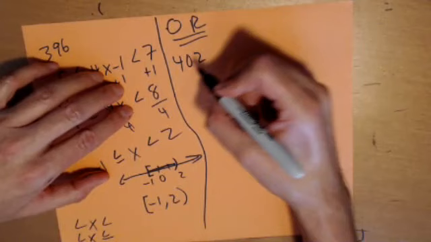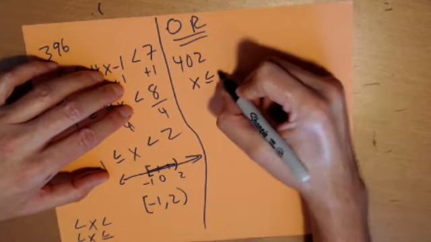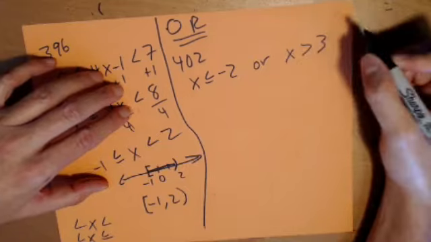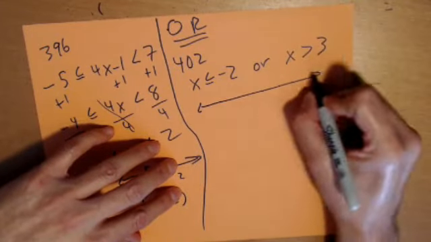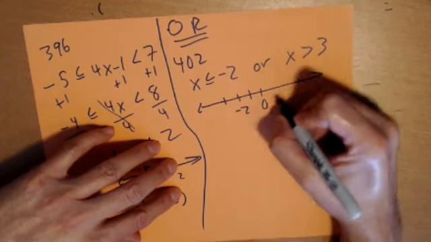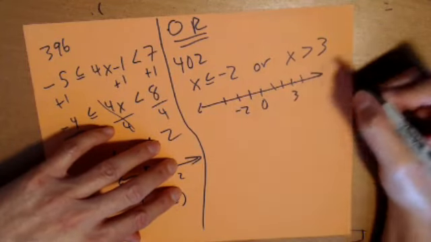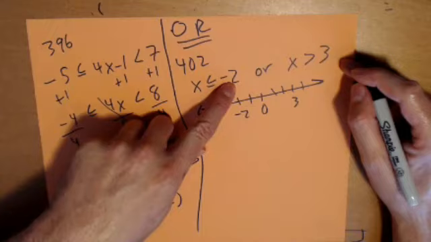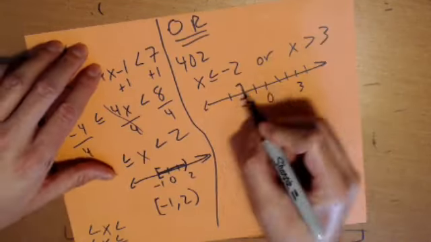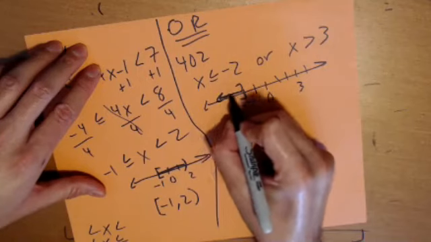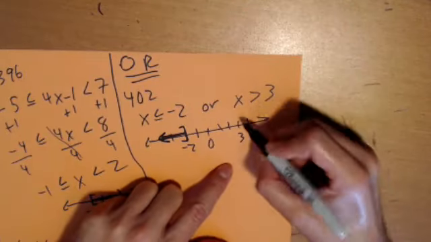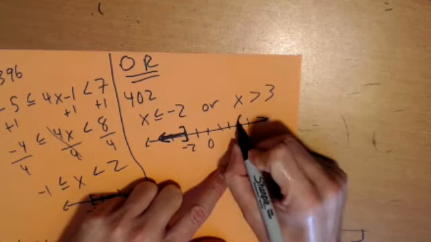Okay, 402. X less than or equal to negative 2, or x greater than 3. So let's draw a picture. 0, 1, 2, 3, and 1, 2, 3, 4. X value is less than or equal to negative 2. So here's negative 2, that's a bracket, and everything this way. And then x value is greater than 3, so parenthesis, and everything pointing this way.